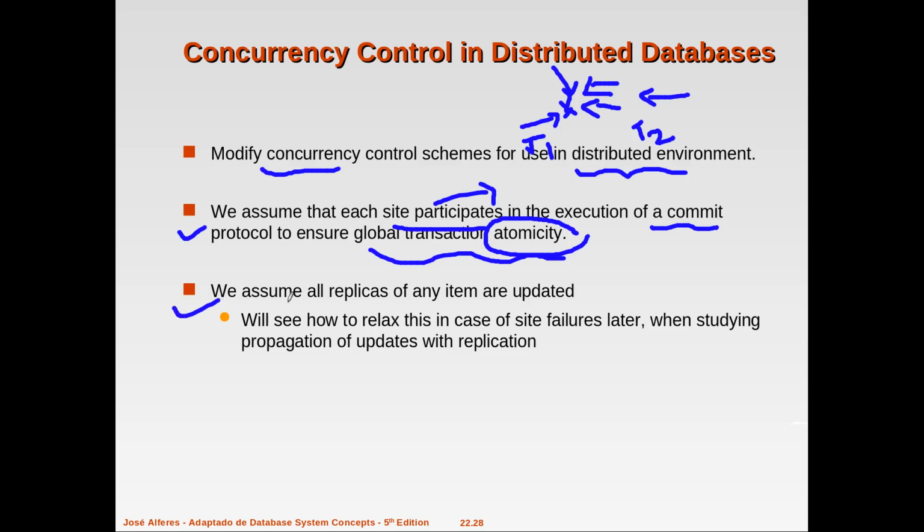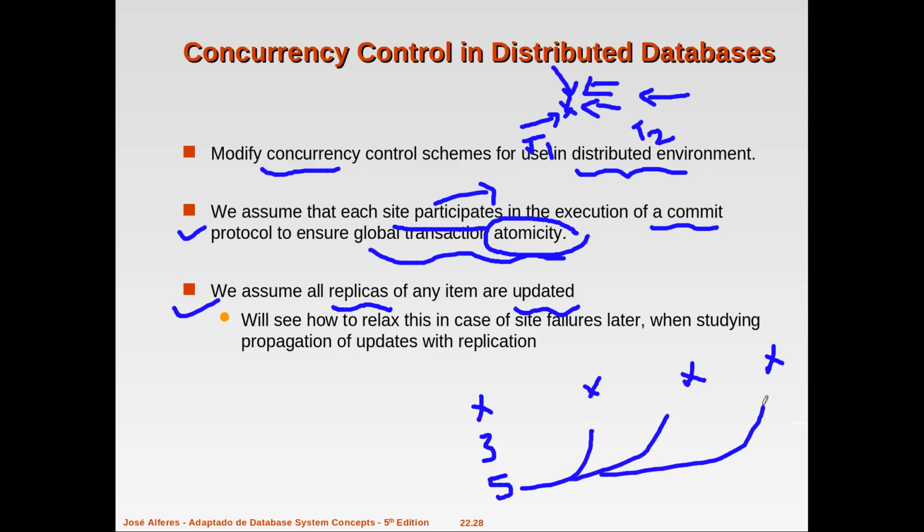And the second one is we assume that all replicas of any item are updated. If a single item H is replicated in several sites, and after the completion of a transaction there is any change applied to H, say initially it was 3 and after the transaction it was modified to 5, the same update must be given to all other sites also.